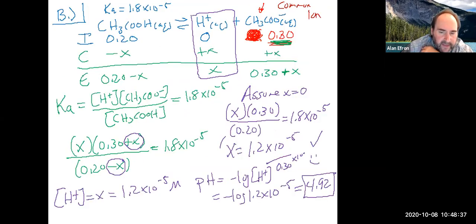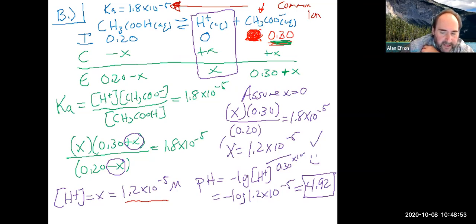By the presence of that common ion, which causes this equilibrium to shift to the left, we ended up with a concentration of H plus of 1.2 times 10 to the minus 5, a much smaller amount of free H plus.